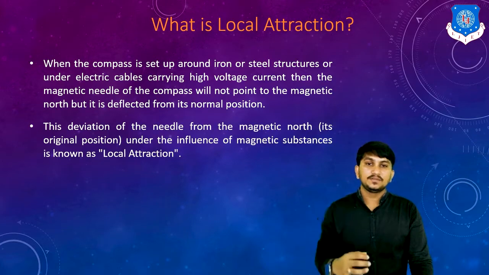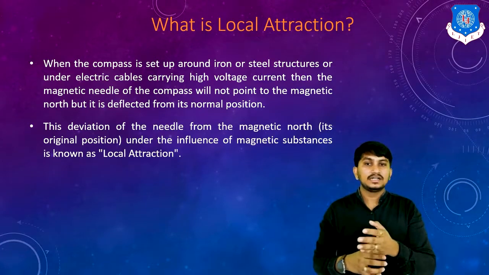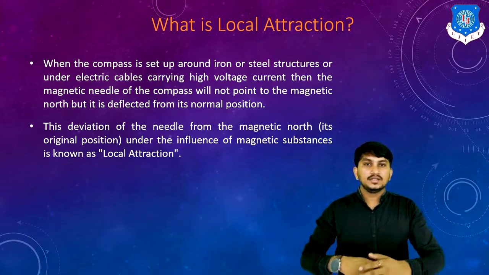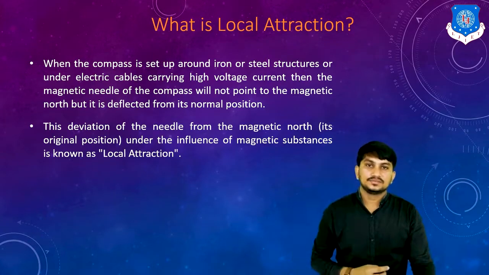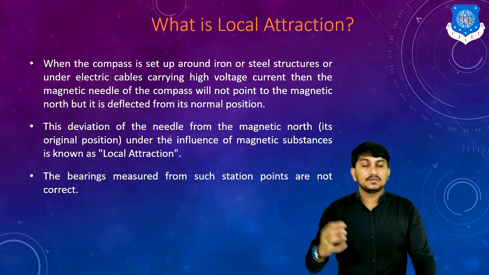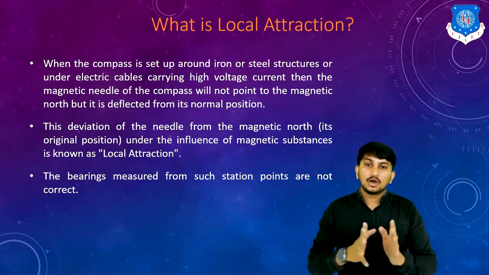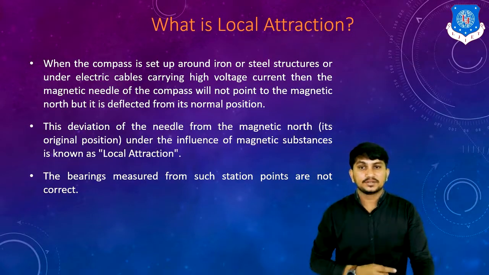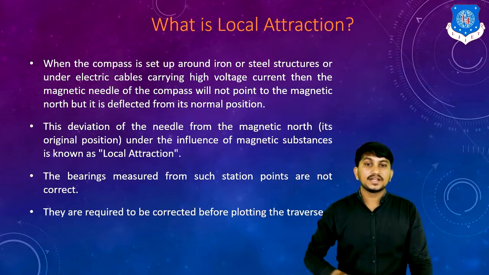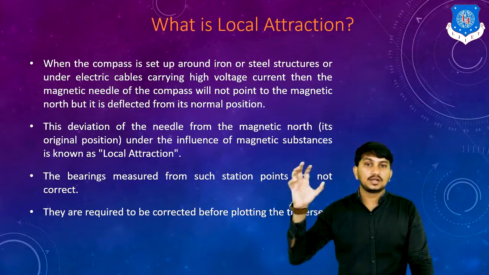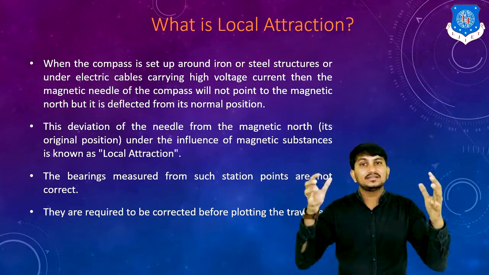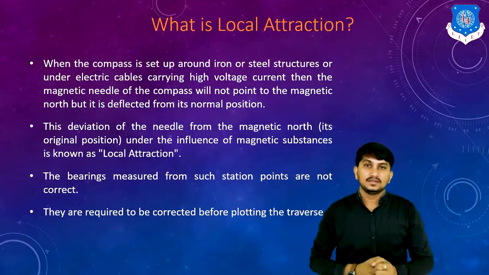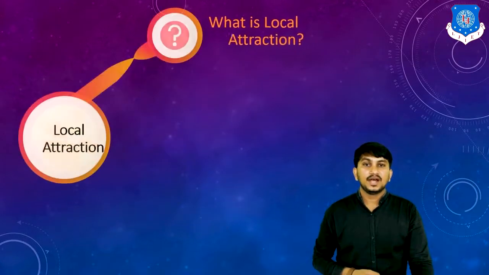This deviation of needle from magnetic north or its original position under the influence of magnetic substances is called as local attraction. The bearing measured from such stations are not correct and needs to be corrected. They are required to be corrected before plotting the traverse. Okay? This is called as local attraction. This is a deviation of magnetic needle due to magnetic things or magnetic substances.